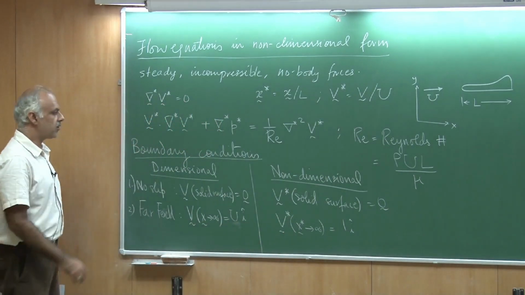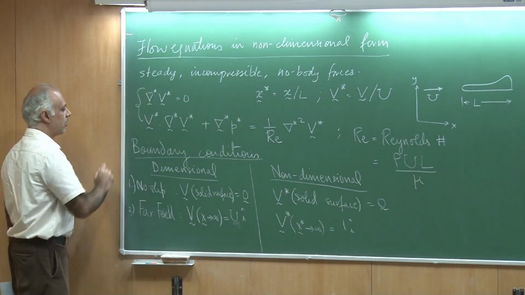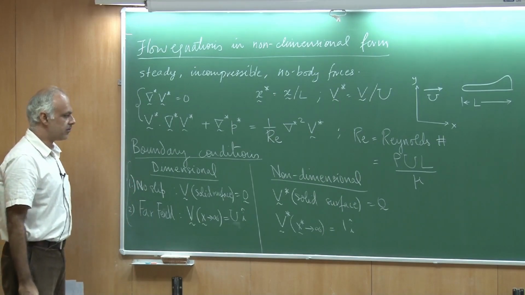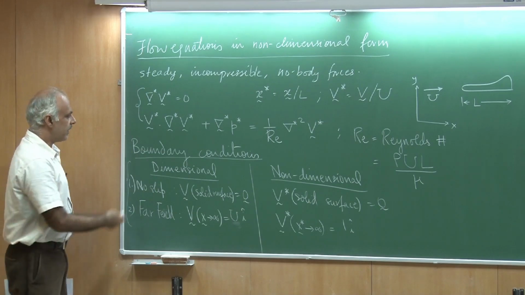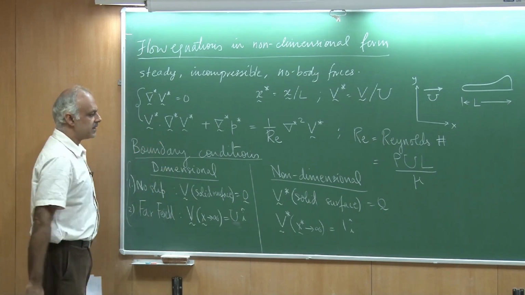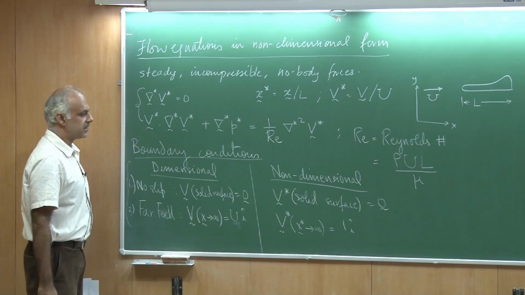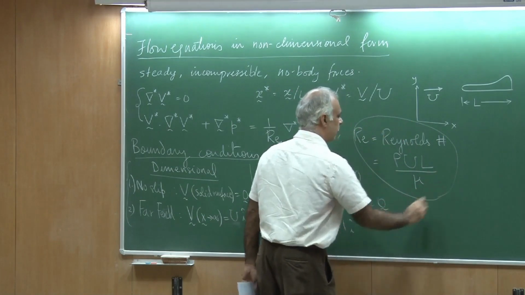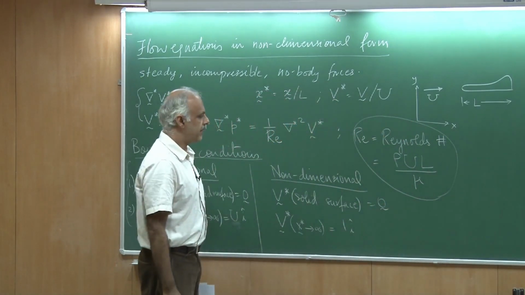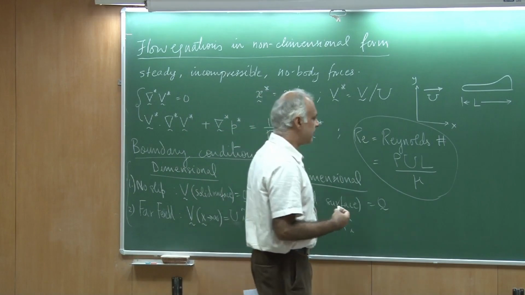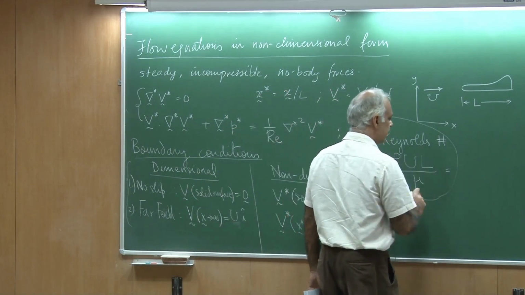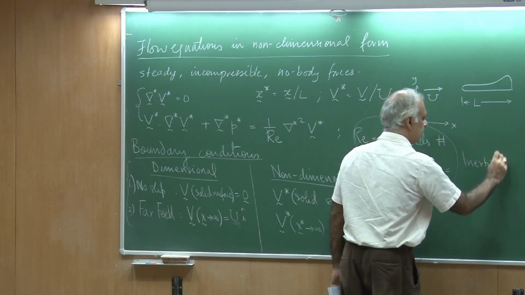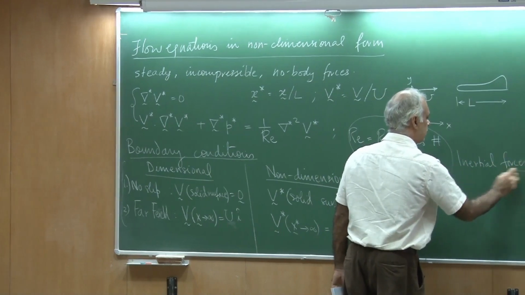Okay? So I hope now you understand that these are the non-dimensional equations and the boundary conditions in the non-dimensional forms. They look very similar to what was in the dimensional framework, but just that now we have a new parameter here, which is called the Reynolds number. How do we interpret the Reynolds number? It essentially reflects the ratio of the inertial forces to the viscous forces.